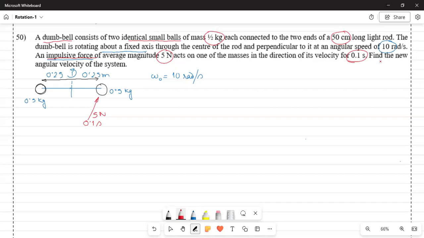Now, find the new angular velocity of the system. Earlier angular velocity was omega 0. They are asking what is omega after the impulse.